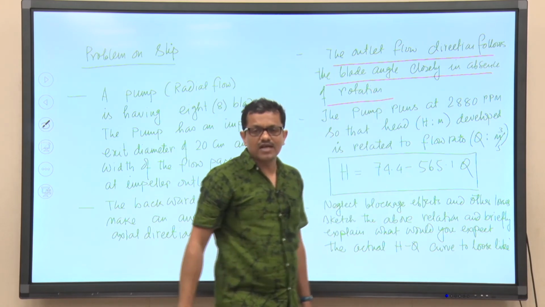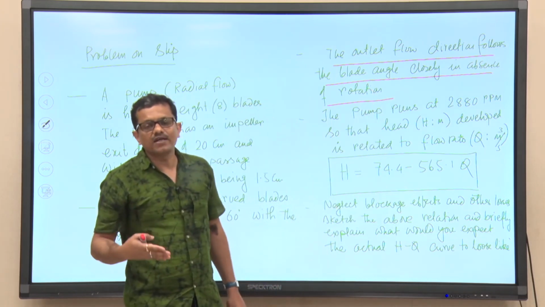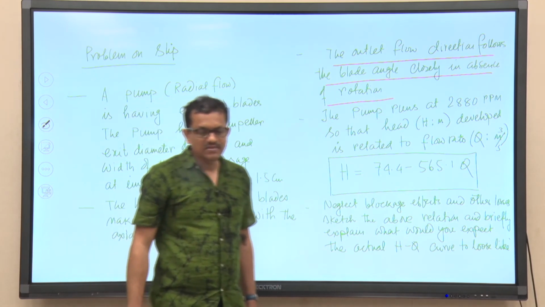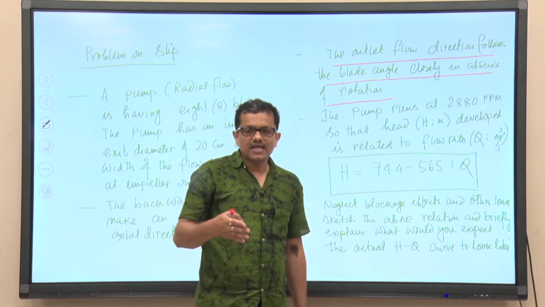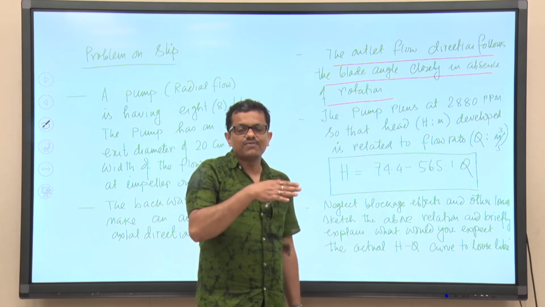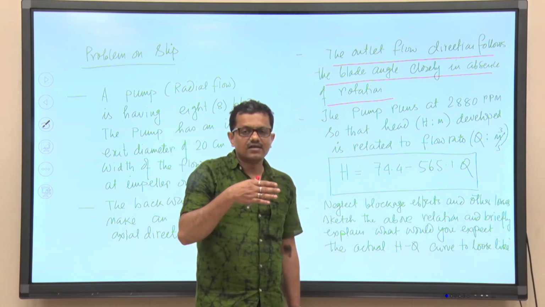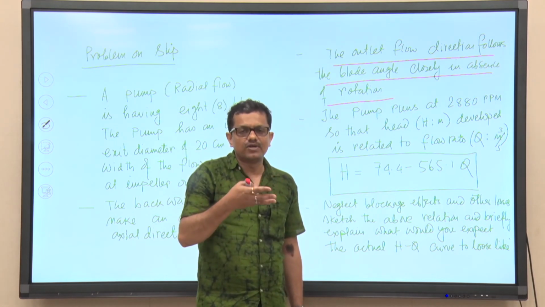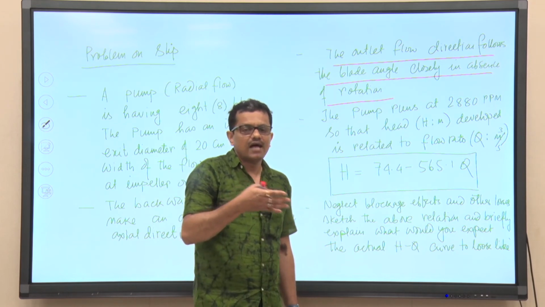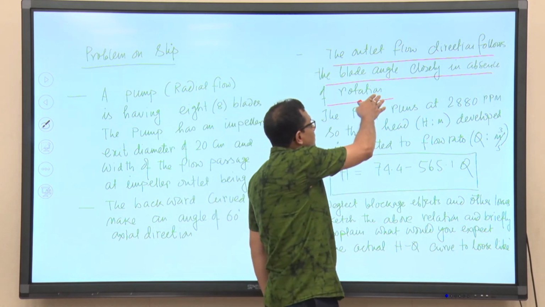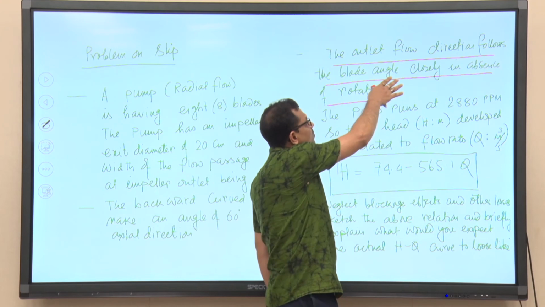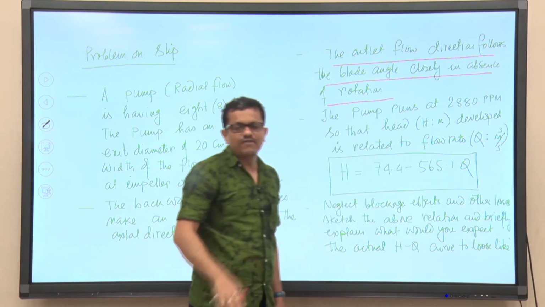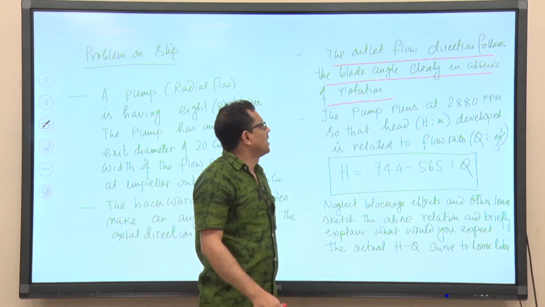In fact, if we recall the slip factor we have defined, there we also defined that in absence of pump rotation, that is, if the pump is not rotating, then the outlet flow direction will definitely follow the blade angle.